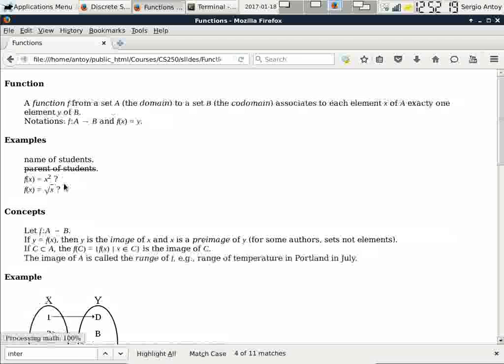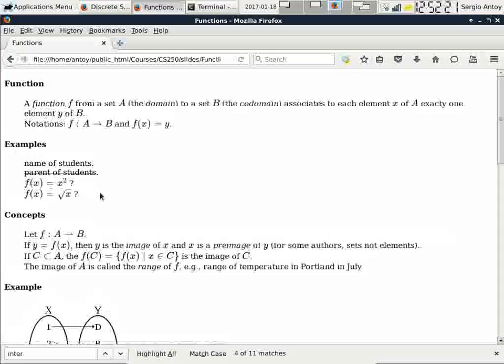All right, so we start to catch up a little. So we talk about functions. When we talk about function, a function typically is not thought as a discrete structure.